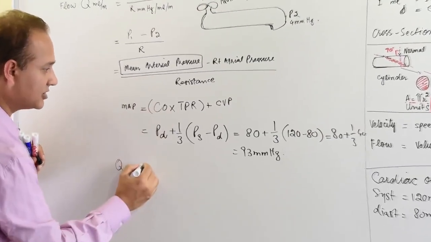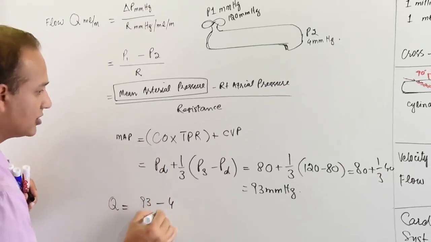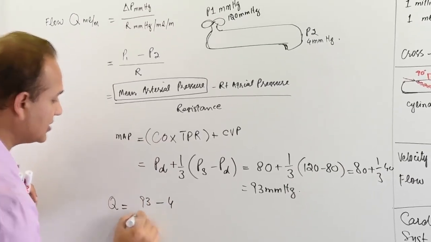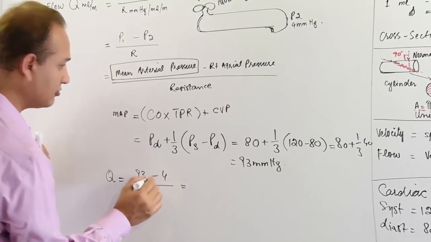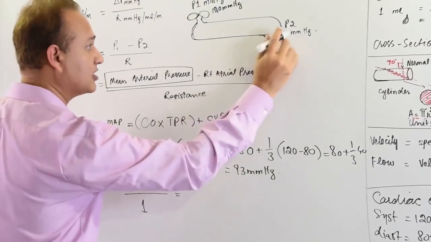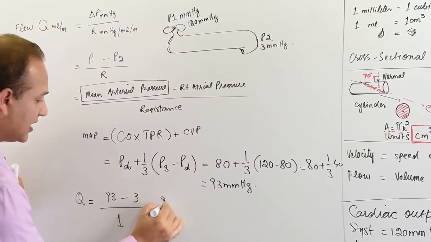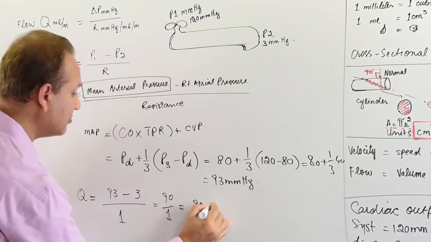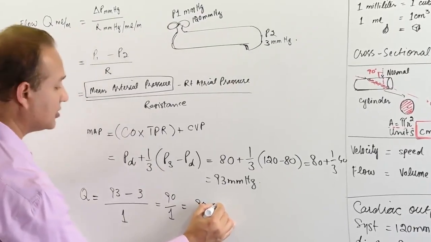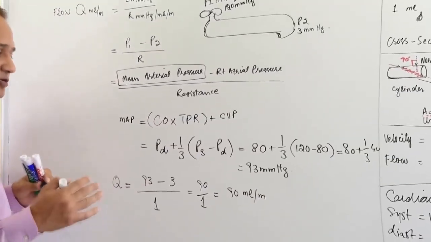Our mean arterial pressure is 93 and the P2 is 4, right? And then the resistance is 1. Why not make it a little easier? Let's make P2 3. So that makes it 90 divided by 1 equals 90 milliliters per minute. And then you can convert it to seconds.